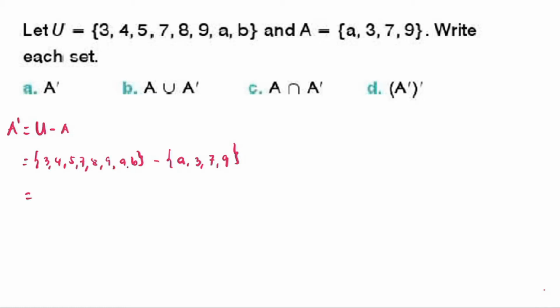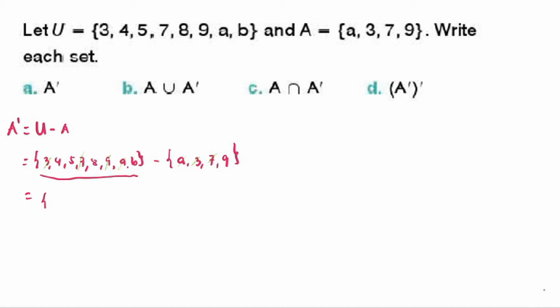So we have to cancel A. Because of that, we don't have A but we have B. We have to cancel 3. We have to cancel 7 and 9. And then whatever the remaining elements in this universal set are, that is what we call the set A complement. So let us write the remaining terms from this set.